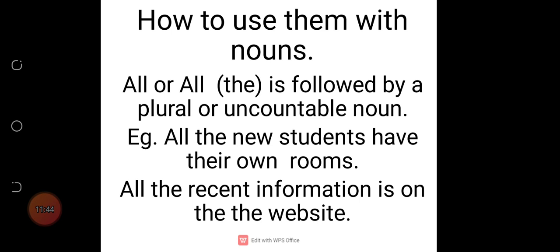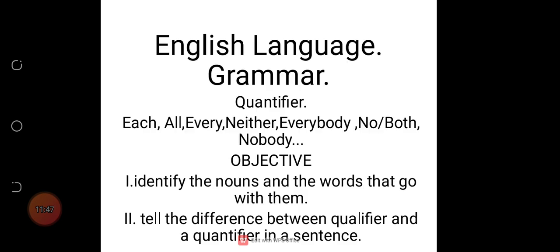So for today's lesson, we have looked at the use of the quantifiers each, all, every. Under that, we looked at some examples explaining further how to use these words appropriately in sentences.